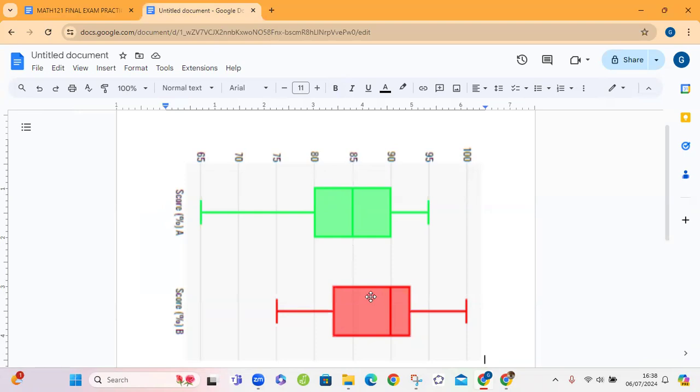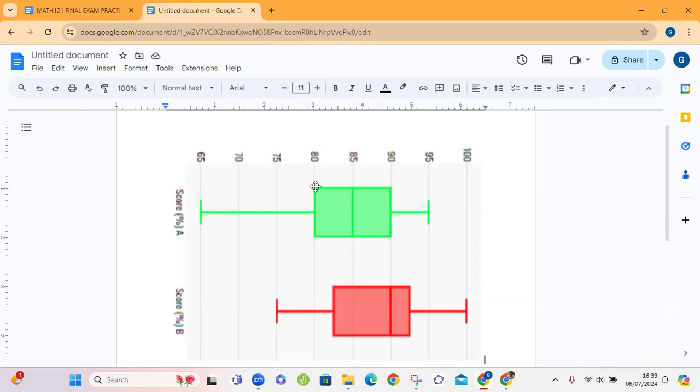For group B, the mean and the median might be more or less the same because B appears to be symmetrical, with the majority of values at the center of the scale. But for A, the mean will be slightly lower than the median, lower than 85, because A is skewed towards the left.